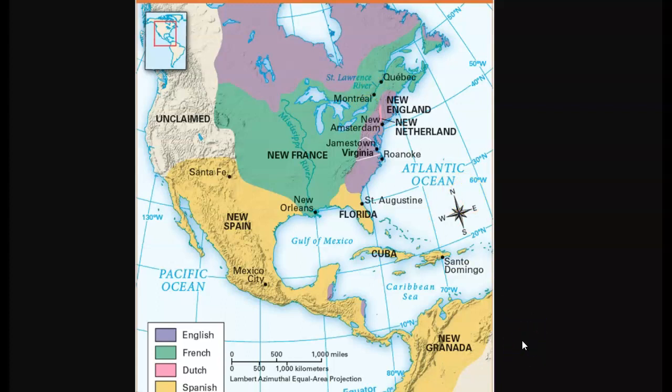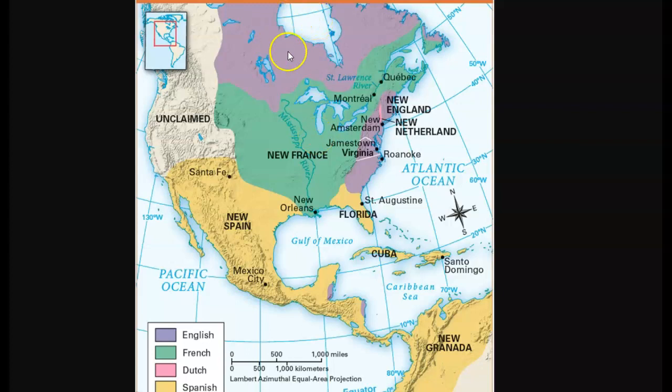Eventually, by the period we're talking about with the New England colonies, or the British colonies, Spain has got all of this: Mexico, Central America, and parts of South America, bits of the Caribbean, Florida. France has New France, which is this whole region here, most of what is the important part of Canada, and down the Great Lakes and down the Mississippi, so all of this.